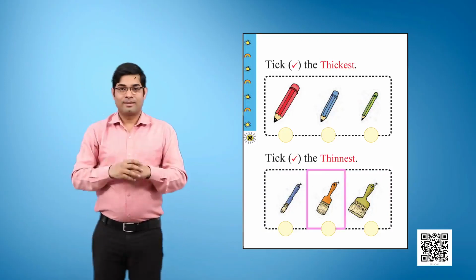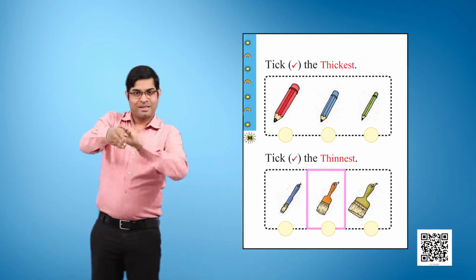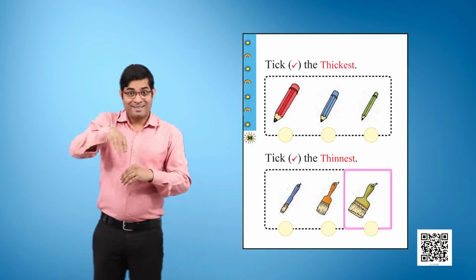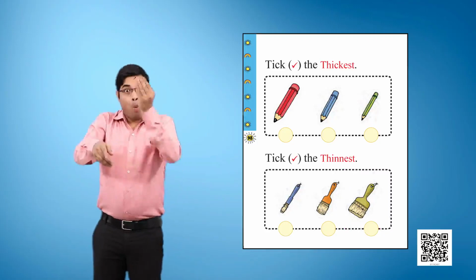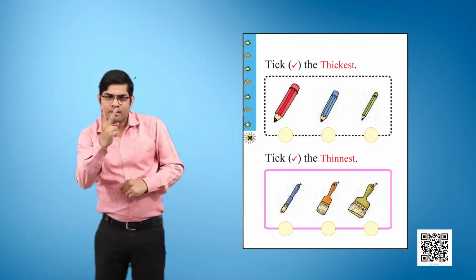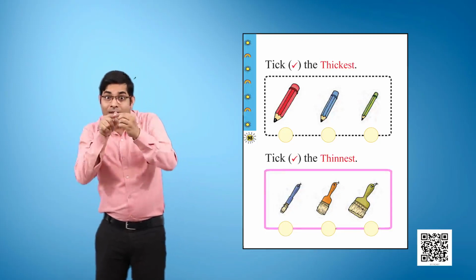Brush 2 is as round as your arm. Brush 3 is more round than your arm. You have to identify which brush is the thinnest.